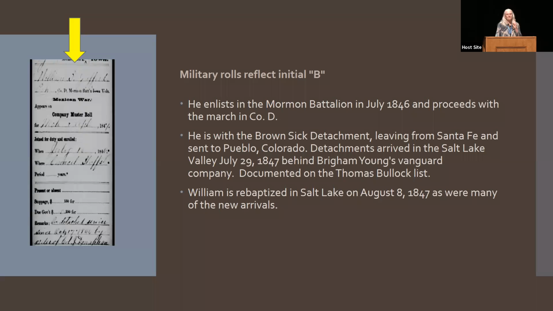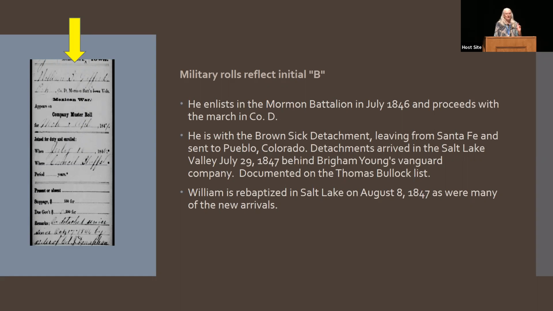We knew his middle initial was B, and this is a compiled service military record that at one point in time, Washington, D.C. did not want everybody handling the original records. So staff literally went through all the rolls and so forth and started listing all the different records that they had on a single index card.